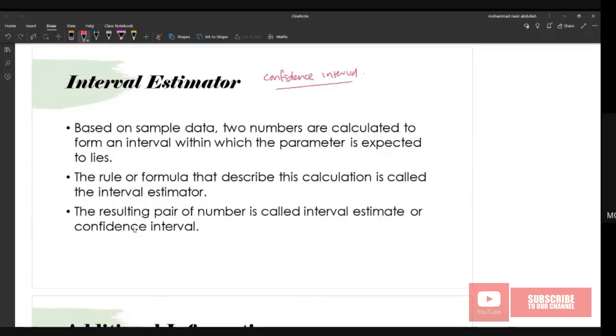We have two values. This is the lower confidence limit, and this is the upper confidence limit. That's why we call it an interval estimator. Any number between these two values is possible.